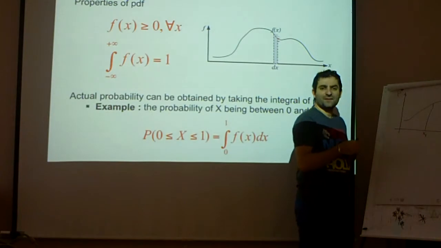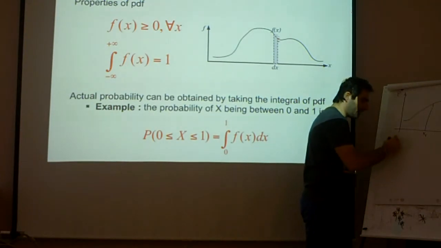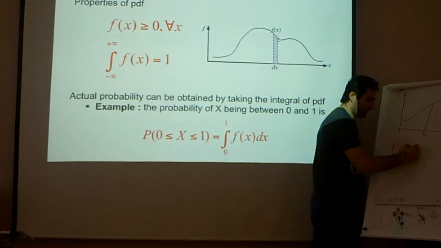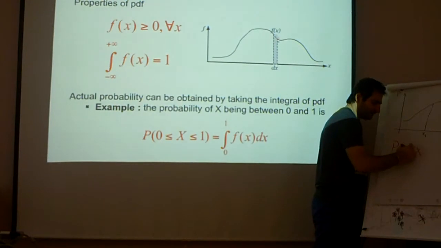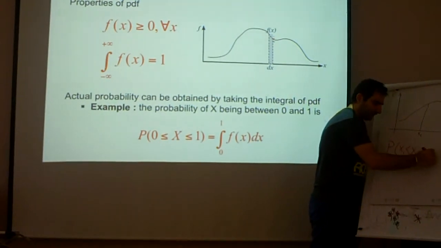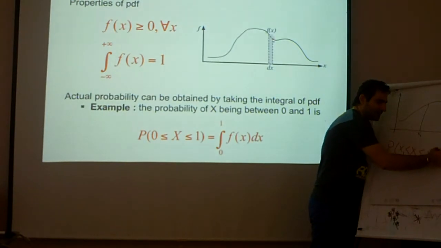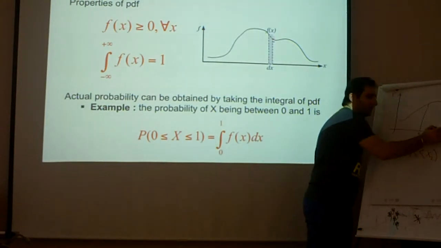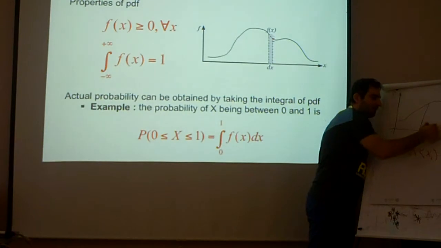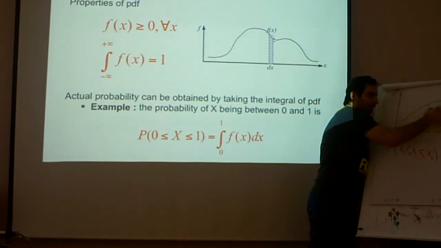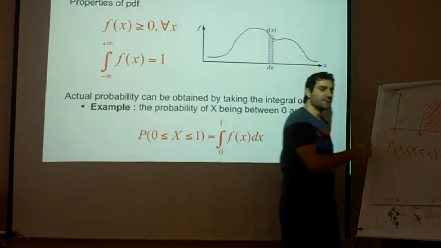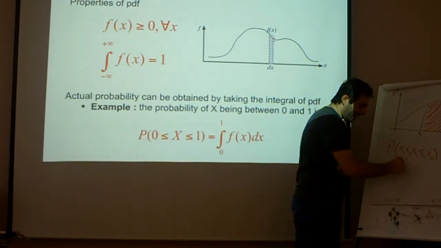So what the PDF says is that the probability of x between x1 and x2 is the area underneath this graph. What was the formula for the area underneath the graph?